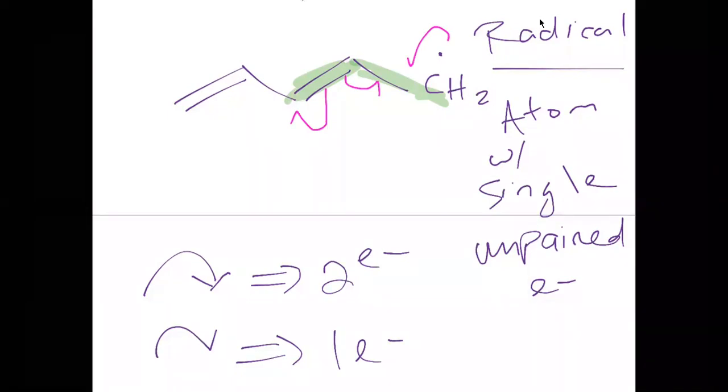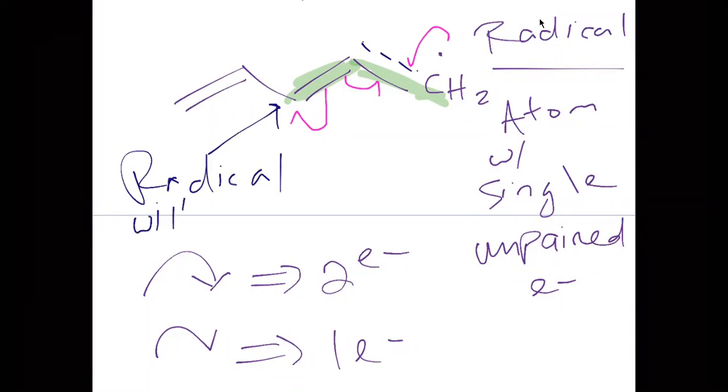What that means is that I'm going to end up with a double bond here, and my radical is going to be on the other carbon in the unit, the 3rd carbon in the unit. Yes or no? Can you see that?